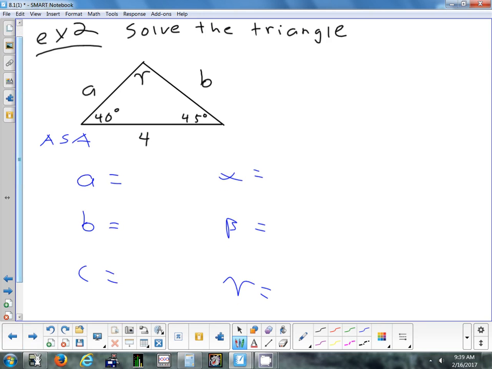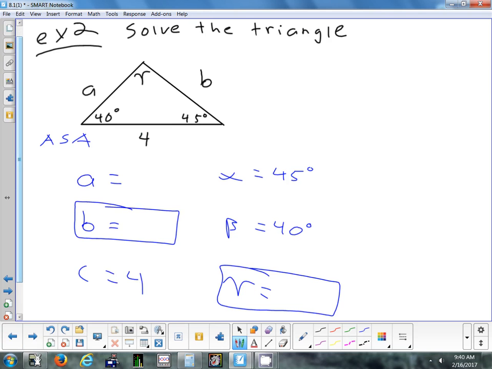Okay, somebody tell me one thing that I know here. First, I just want to write down what I know first. And then I can get what I don't know. Alpha is 45. C is 4. Yep. Beta is 40.